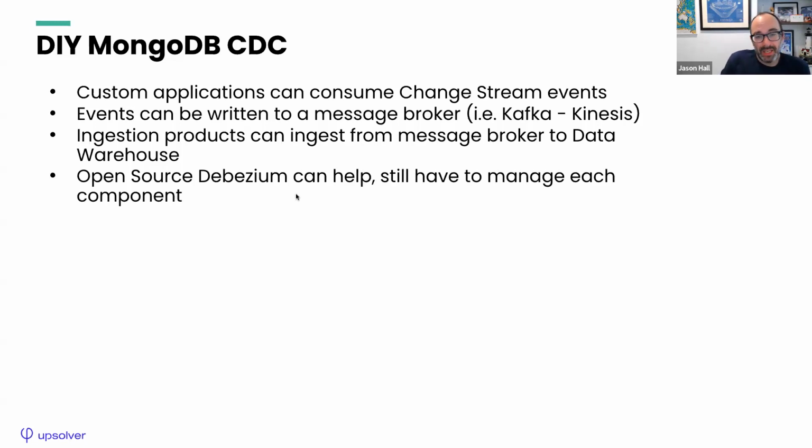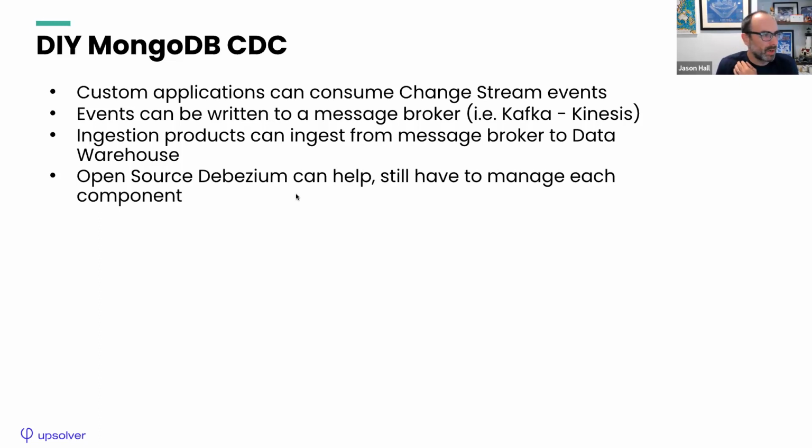That application then would commonly write those change stream events to some message broker. Most commonly I see Kafka used for this use case, and I'll explain a couple of reasons why in a second. But really any message broker, whether it's Kinesis, Azure Event Hub, should be used to accept these change stream messages from the application that's reading data from MongoDB change streams.